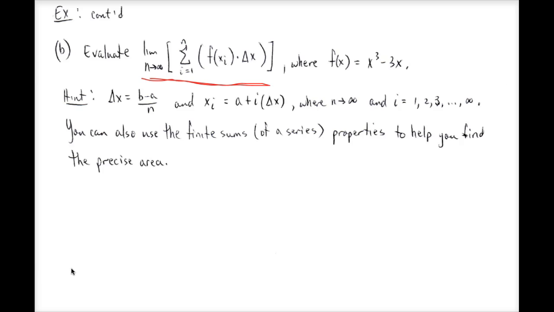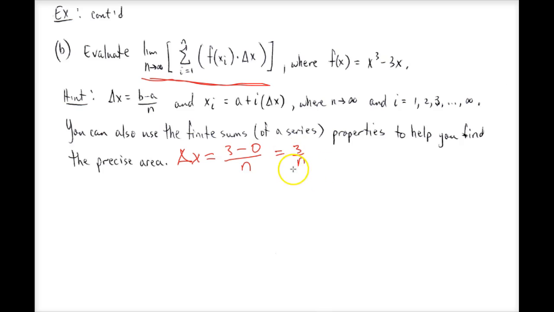Okay, and so now what we're going to do is take the limit as n approaches infinity of the right-hand sum estimate. And so to do that, we'll need to write everything in terms of n. In this case, our delta x will just be 3 minus 0 divided by n, since we're trying to stuff an infinite amount of rectangles in.